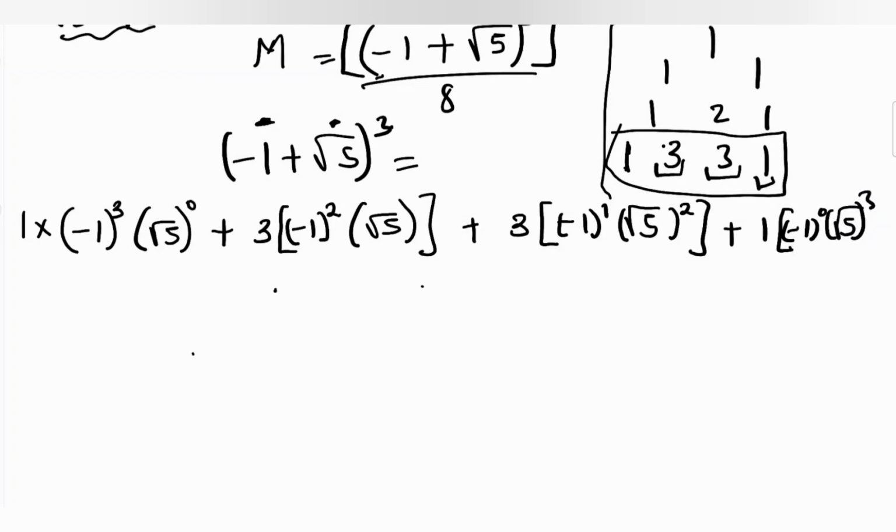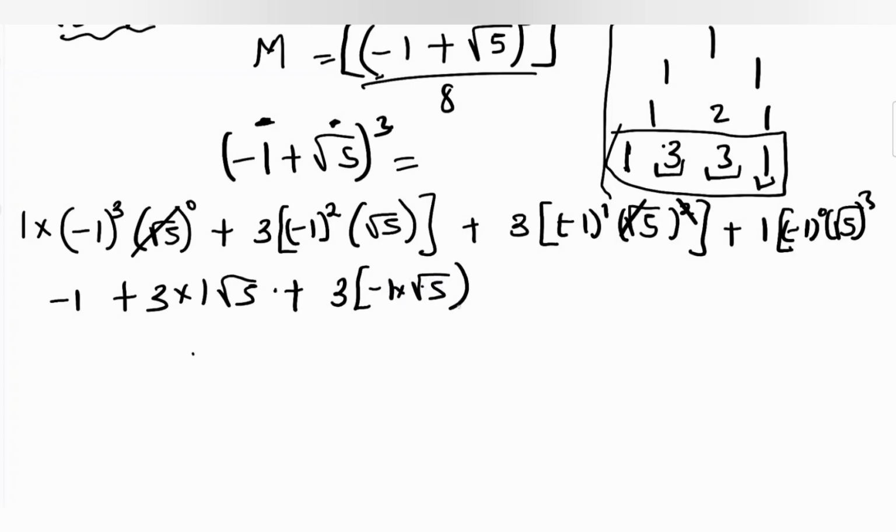On expansion, 1 times (-1)^3 will be -1, because this raised to power 0 is 1. Then we have plus 3, then (-1)^2 turns to 1, times √5. Then we go to the next one, plus 3 times (-1)^1, which is -1, then (√5)^2 cancels out to be 5.